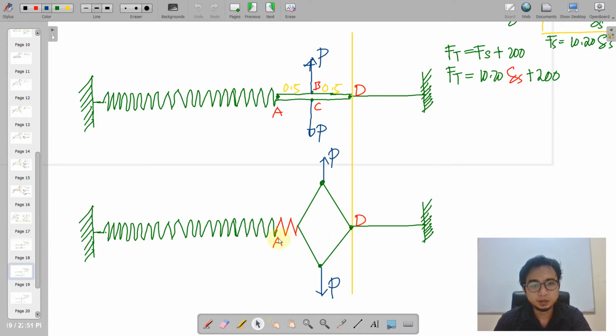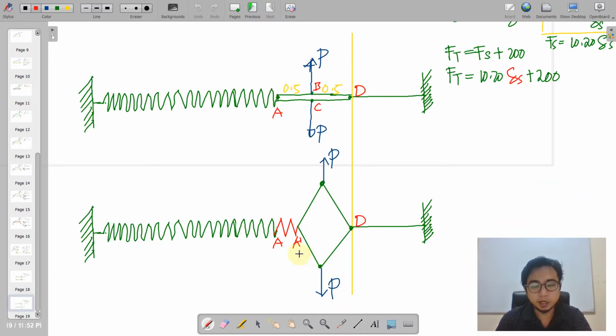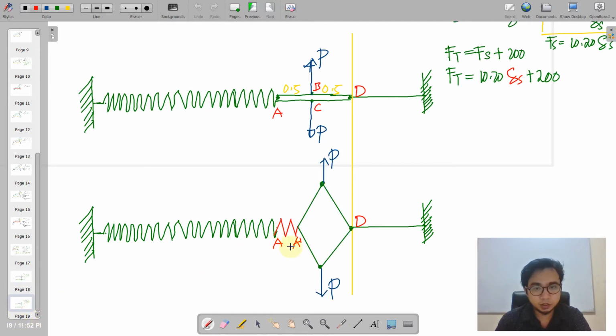Okay, only A has transferred to a certain location. Say that is A prime, okay? So from A to A prime. So here, stretchy A prime. So therefore, this is the spring deformation, okay?